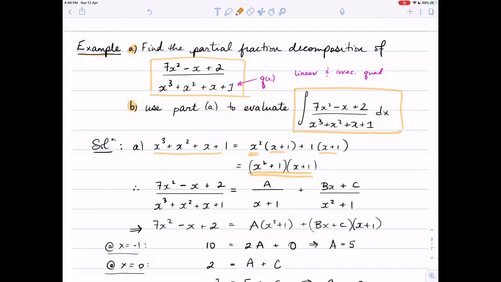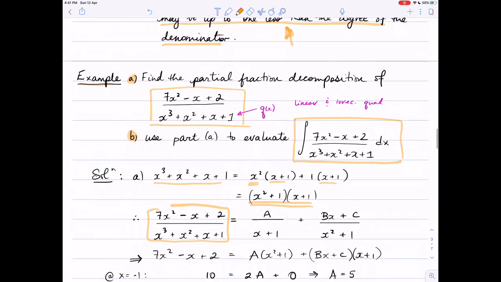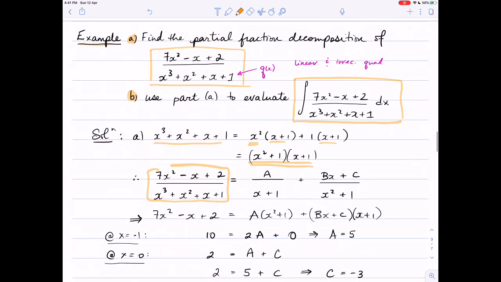So we are going to decompose this fraction, which means we have to set up our decomposition. And this is where we are going to use the second result here that tells us that the degree of the numerator can be up to 1 degree less than the denominator. So I am taking each of these factors here.